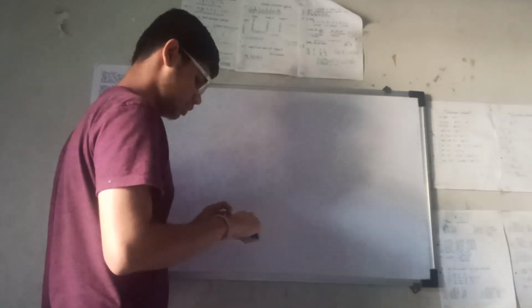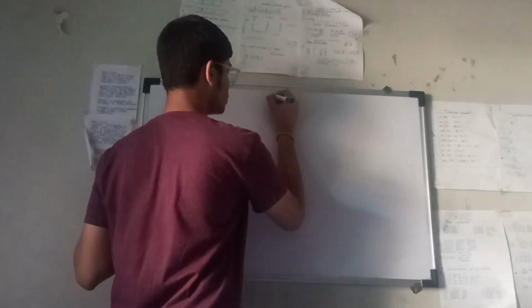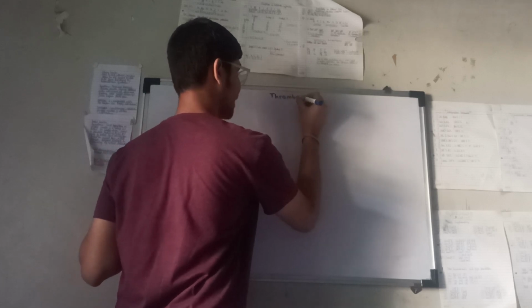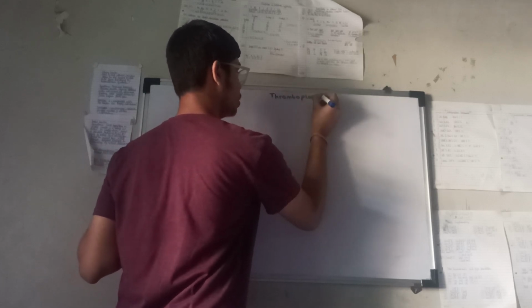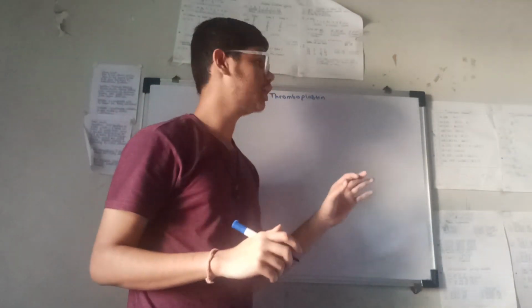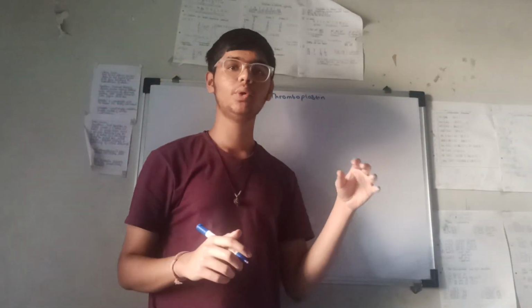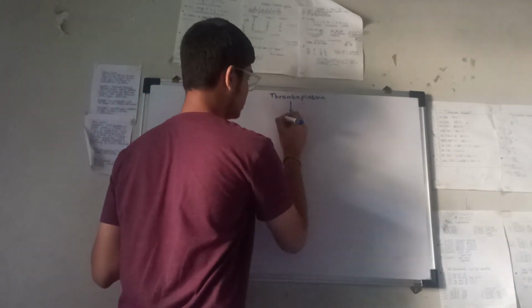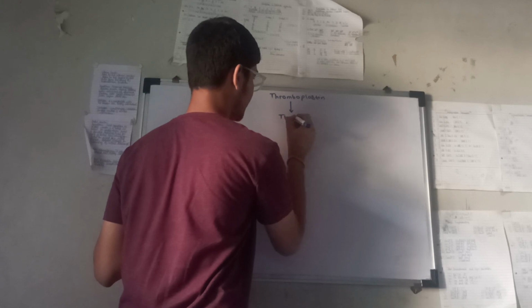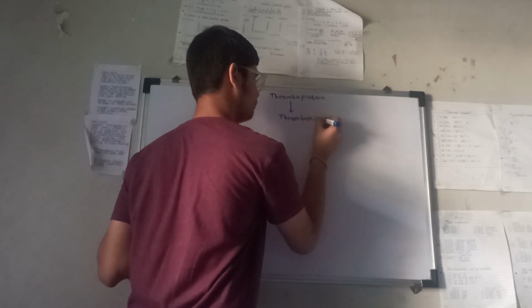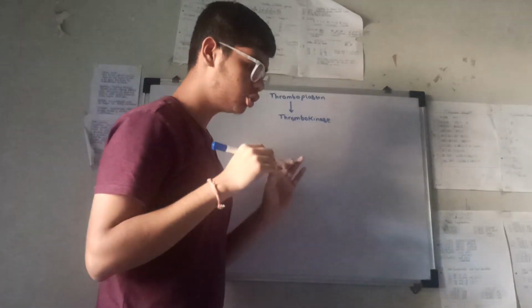So first there is thromboplastin. Thromboplastin can be released by the tissue also, and if there is blood vessel spasm, it can be released by the blood vessel also. Then it will release thrombokinase.